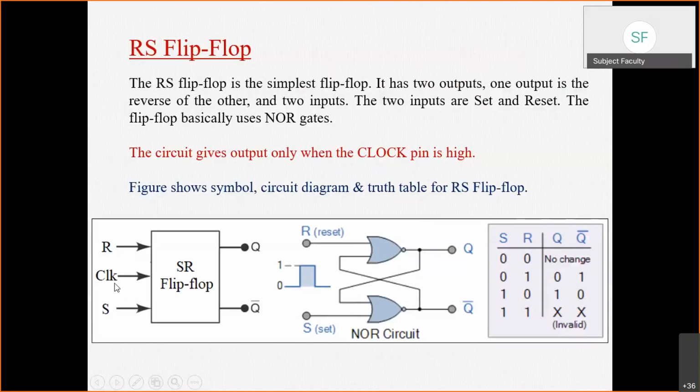Okay, clock, what is the use of this? The circuit gives output only when the clock pin is high.